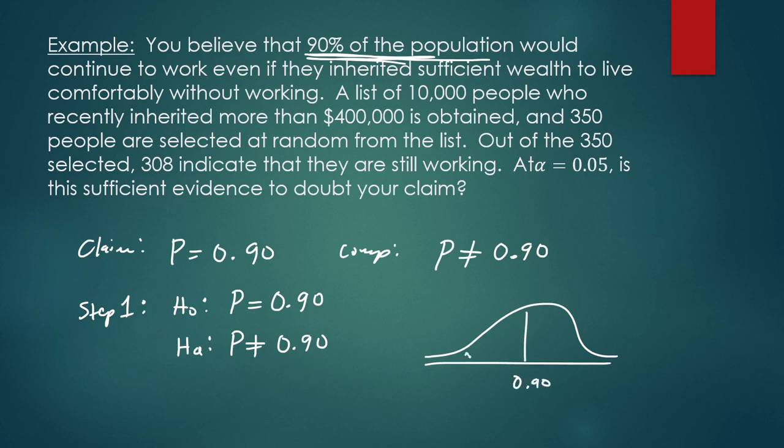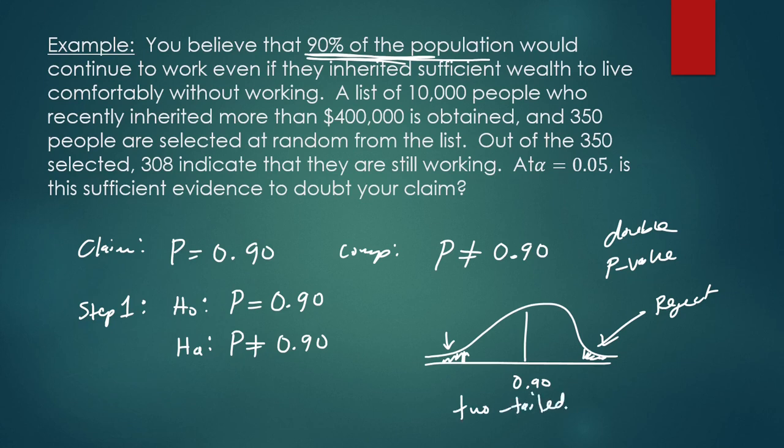I'm going to reject the null hypothesis if it's too low, or reject the null hypothesis if it's too high. So this is a two-tailed test, and that reminds me I need to double the p-value since I'm doing this by hand.